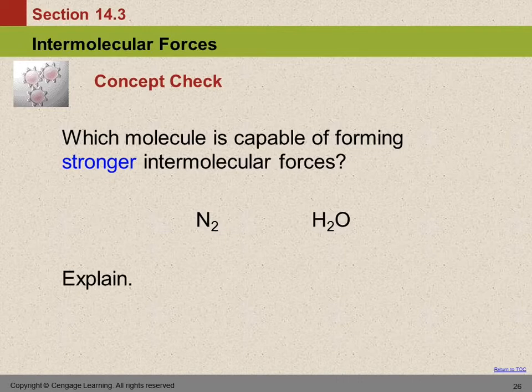When it melts, those particles have enough energy that they can break some of them, but as they break one, they form a new one. So they're moving around, but they're still held close together. When it goes into the gas state, it can break completely free of all the intermolecular forces.